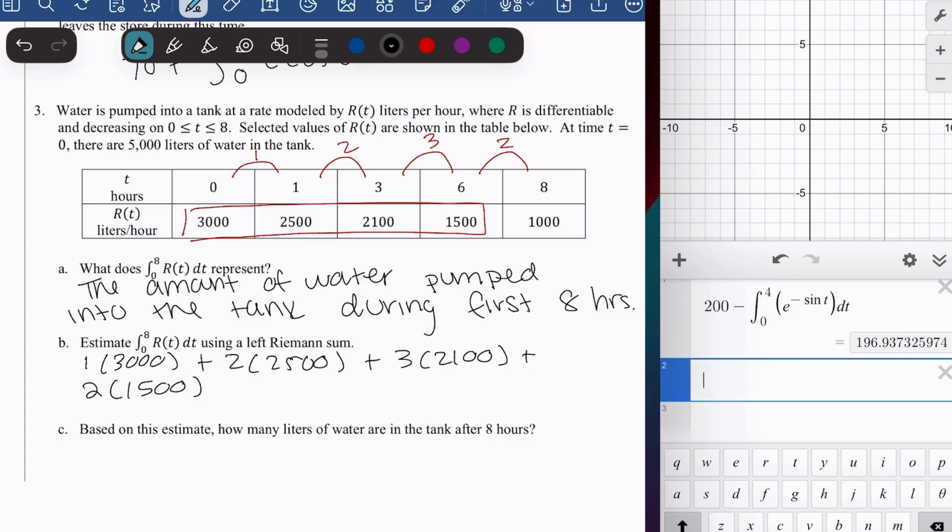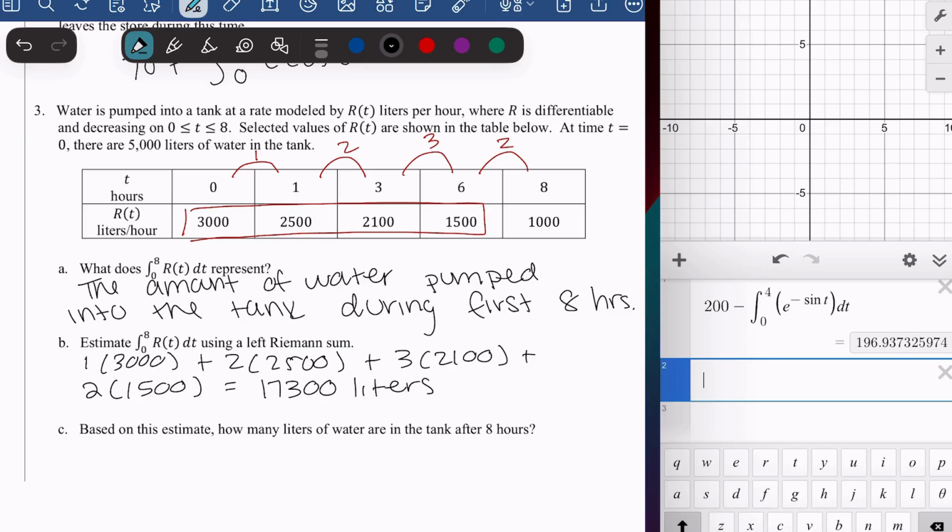Okay, so you can either use Desmos, type that in to get your answer, or use mental math, and you would get 17,300. What's the units? Liters. Okay, so remember, the integral from 0 to 8 is saying how much water was pumped into the tank. Did the problem mention about water that was already in the tank?